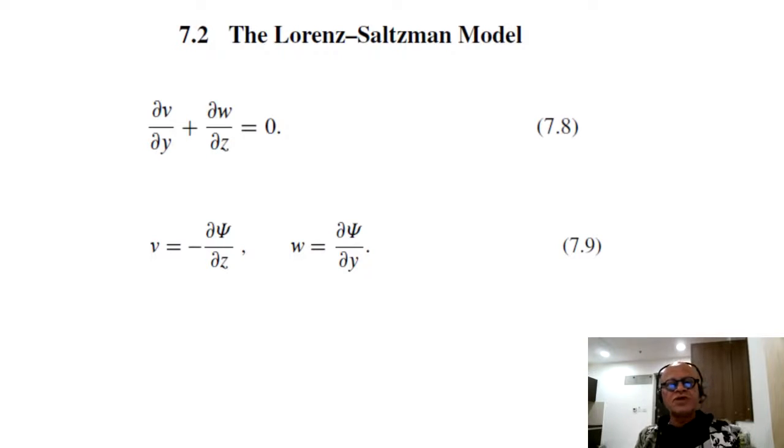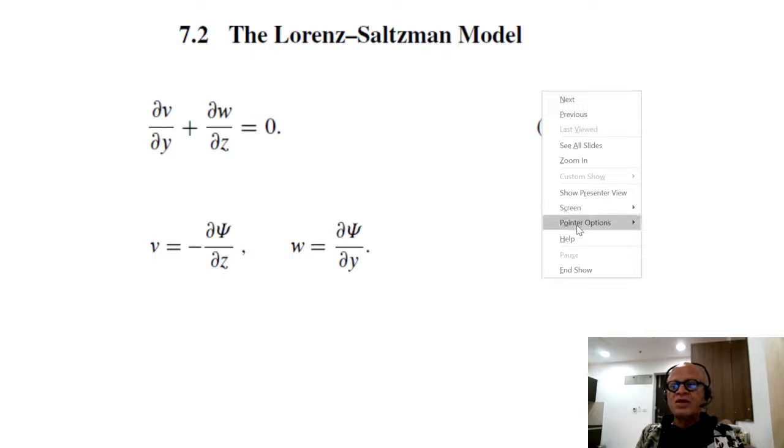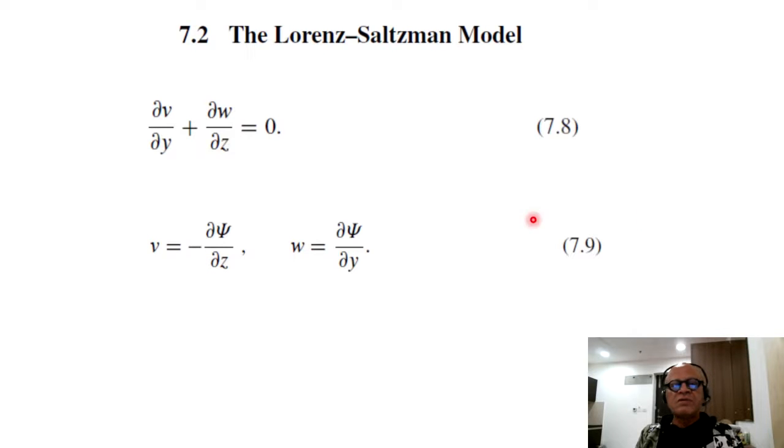The so-called Lorenz model, which Tom Stoker calls the Lorenz-Saltzman model, because the equations that Lorenz adopted were originally derived from Saltzman, a non-rotating system with stably stratified framework.